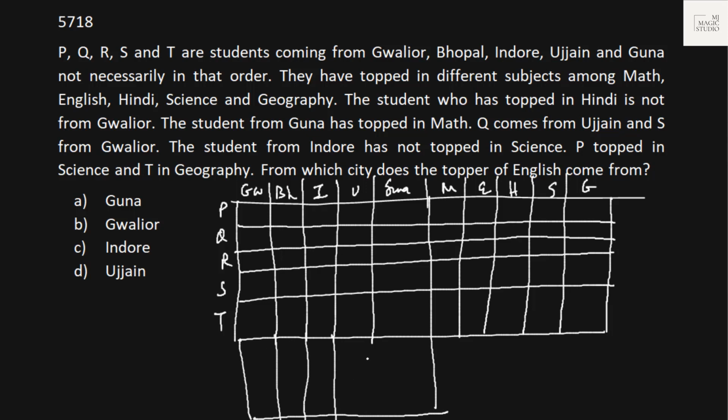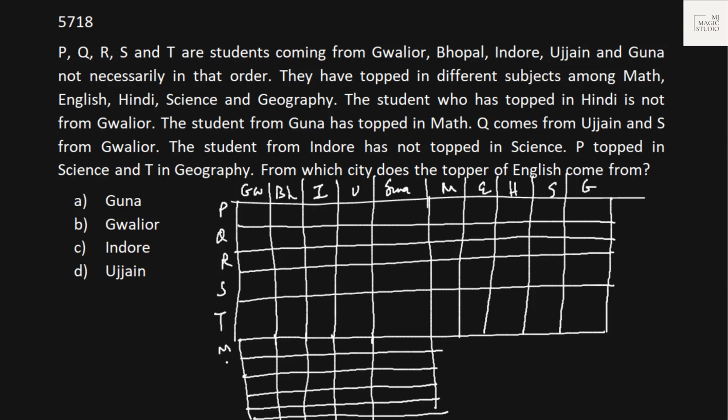Let us have this for places also. Maths, English, Hindi, science, and geography. Hindi is not Gwalior. Gwalior is not Hindi. Student from Guna, maths. Guna topped in maths.